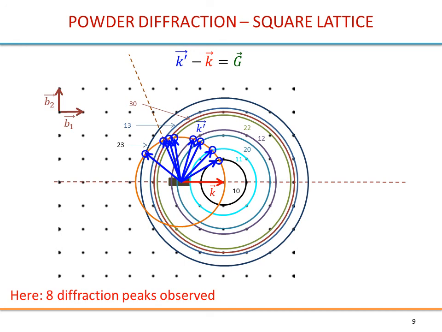So we do not have diffraction peaks all over the place, everywhere. Okay, and so if you want more peaks, what do we do? Well, we need to increase the radius of that whole sphere, obviously. So we will be able to intersect with all the circles made by other points. So just increase K, that is decrease your wavelength of the X-ray.